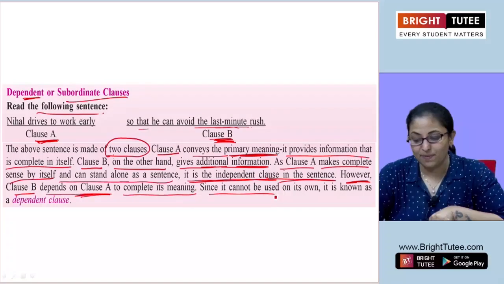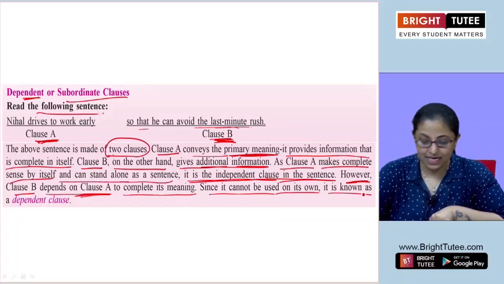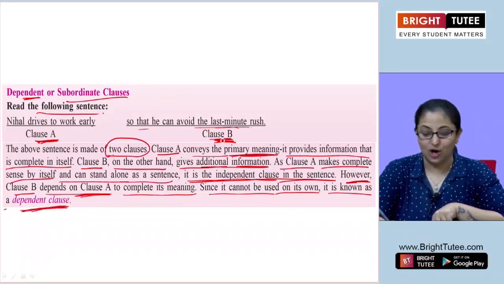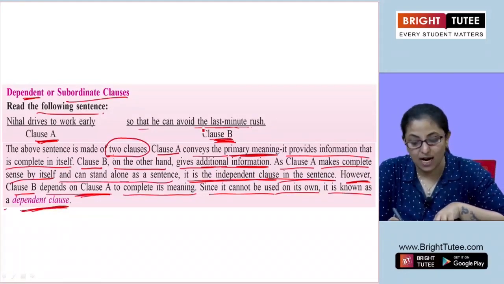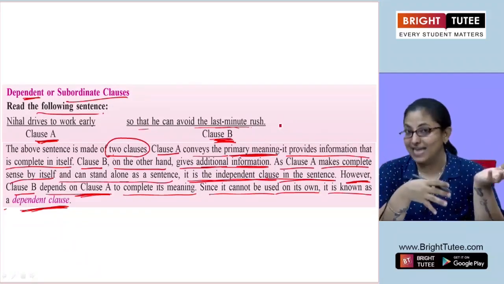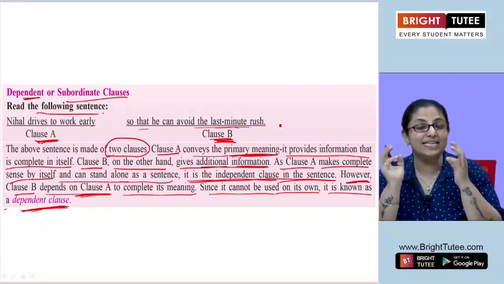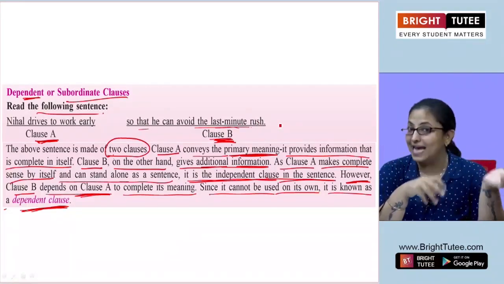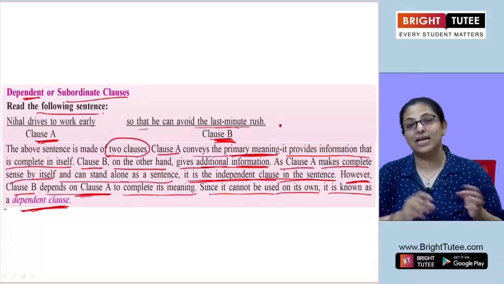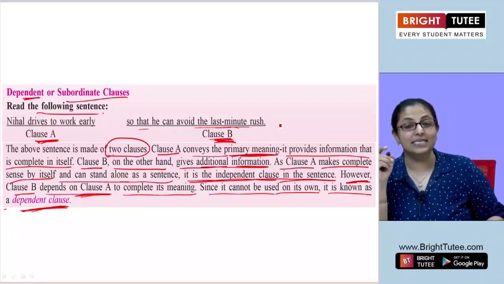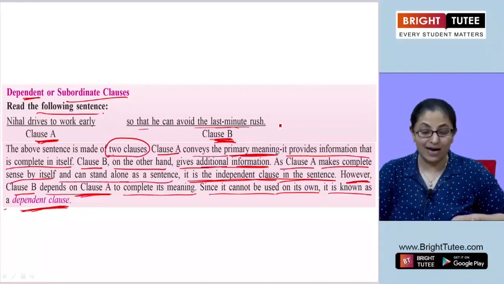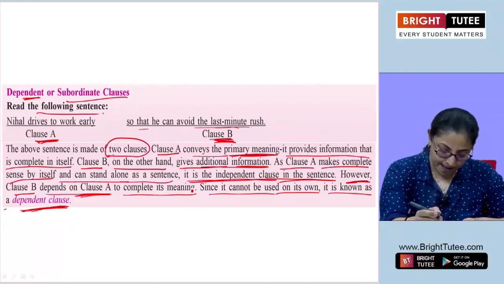Since it cannot be used on its own, it is known as a dependent clause. Clause B, so that he can avoid the last minute rush. Clause B is dependent on clause A. Clause B is the additional information of clause A, right? So clause B, since it is dependent on clause A to complete the sentence, is a dependent clause. Understood? I'll give you some more examples of dependent clause.